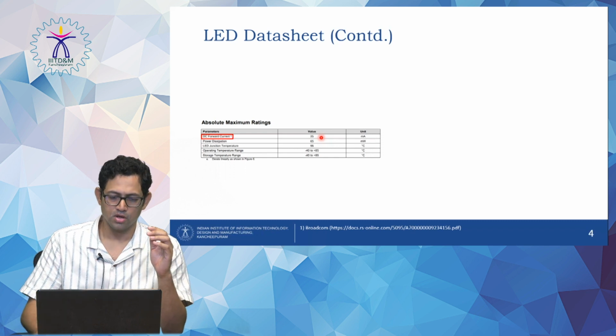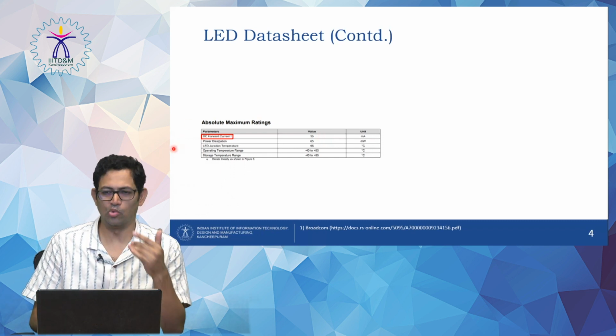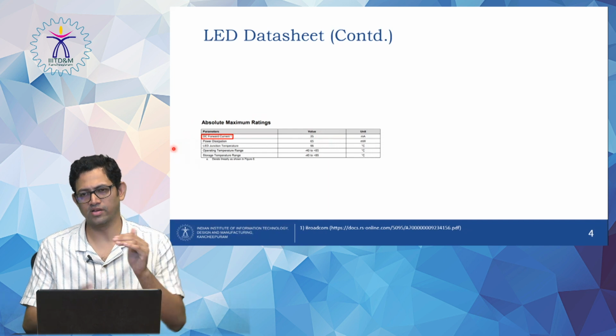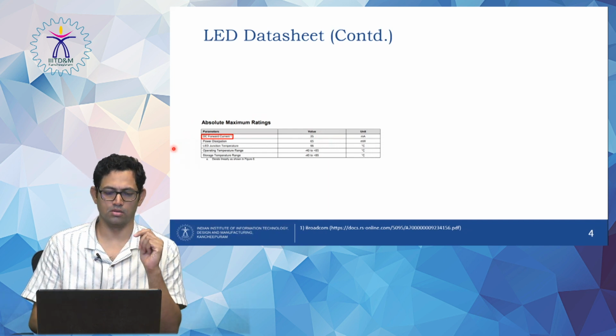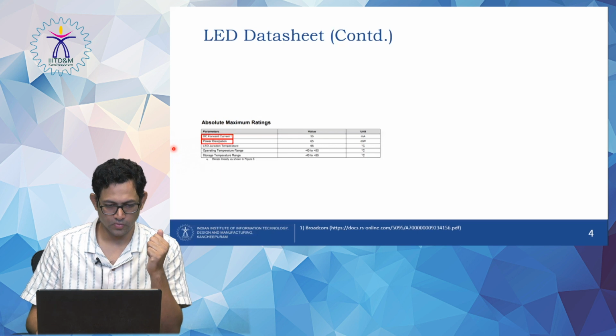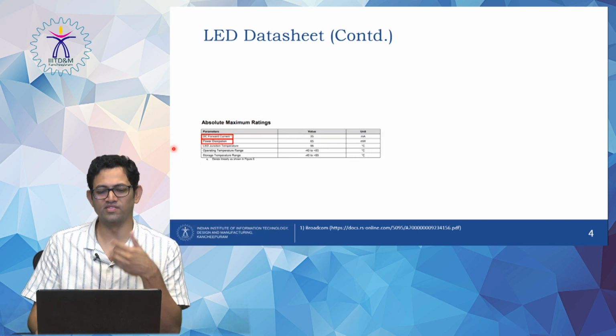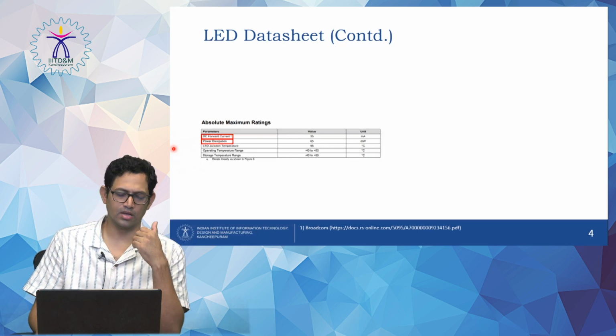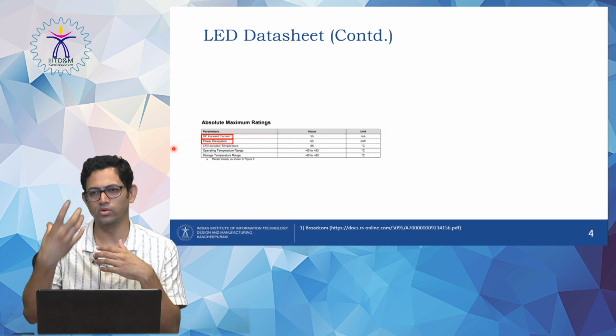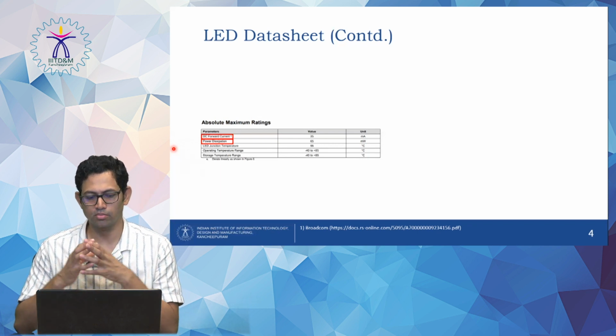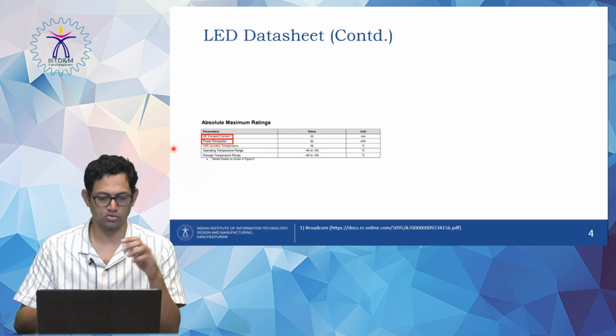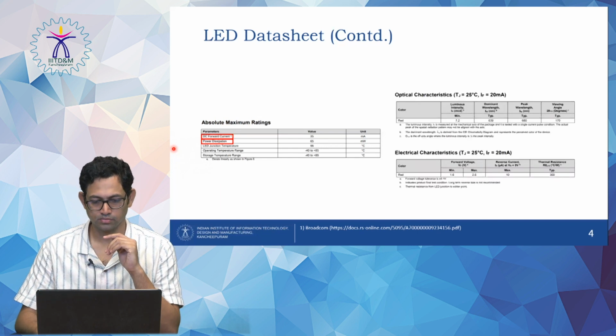So in most data sheets, the current is the most important thing that they focus on. And then second is the power dissipation, that is, how much power it is going to emit and how much it is going to lose as a heat source. Those things can also be mentioned.